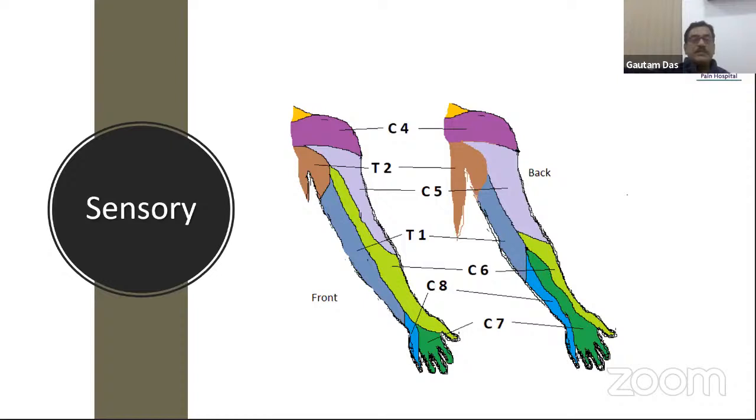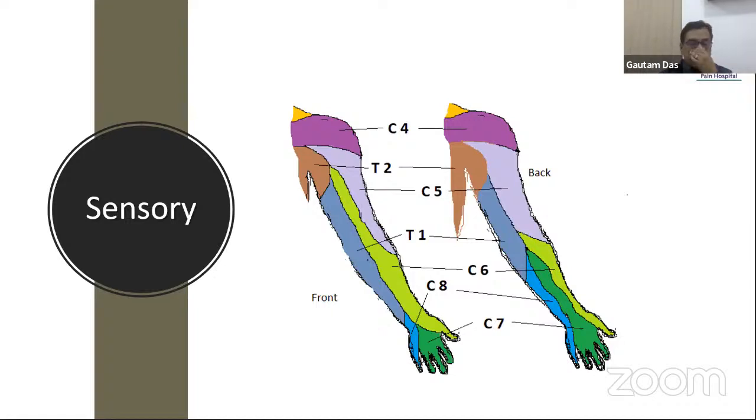Then C5. If you are stretching out your hand, up to the elbow, the lateral part of the arm is C5. Then the lateral part of the forearm, up to the great toe, is your C6.